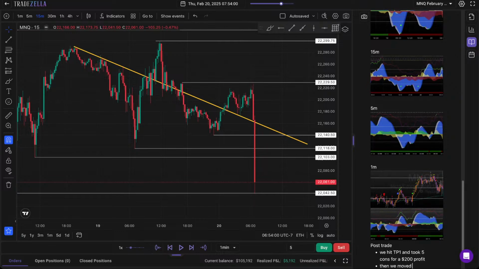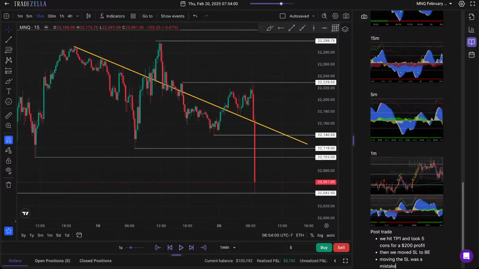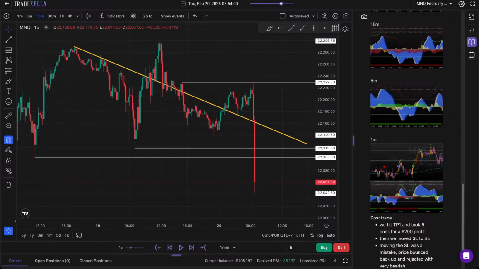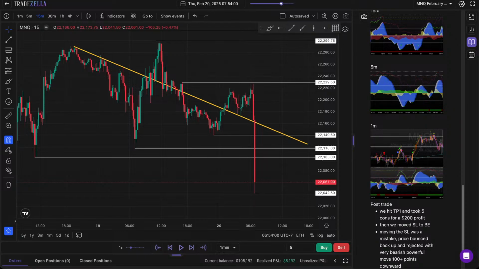Then we moved stop loss to break even. Moving the stop loss was a mistake. Price bounced back up and rejected with a very bearish, powerful move downward.